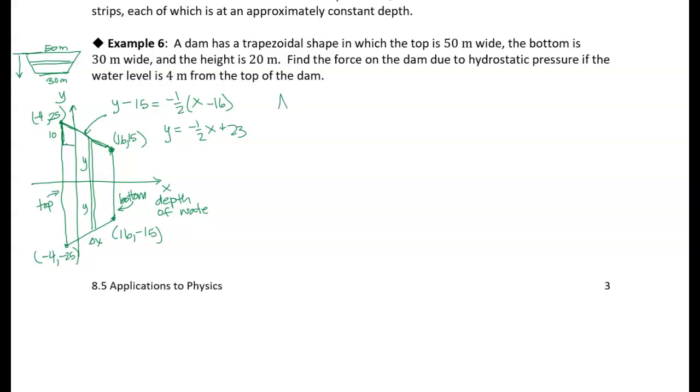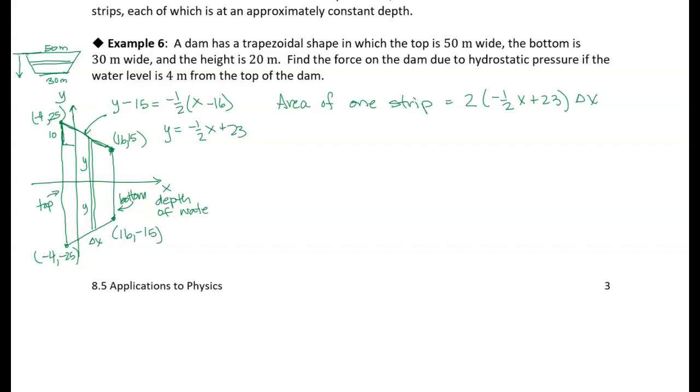So, all right, let's write this out. We want the area of one strip, and that's going to be twice the y distance, which is minus 1/2 x plus 23, and then the width of the strip is delta x.